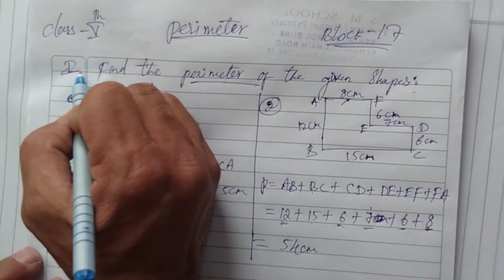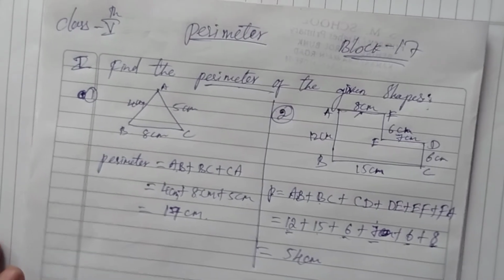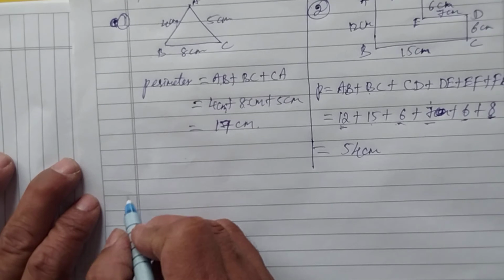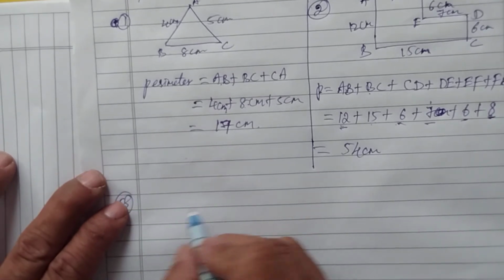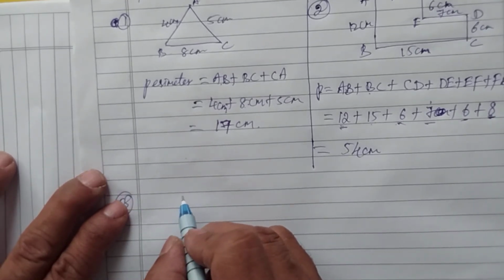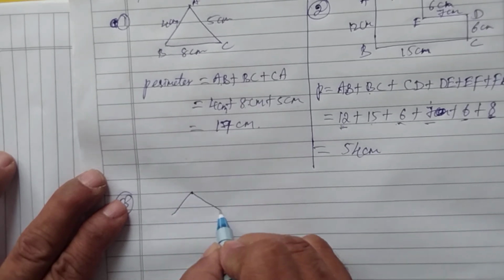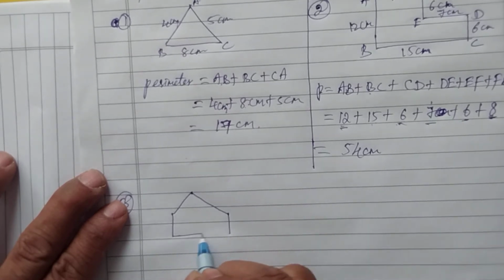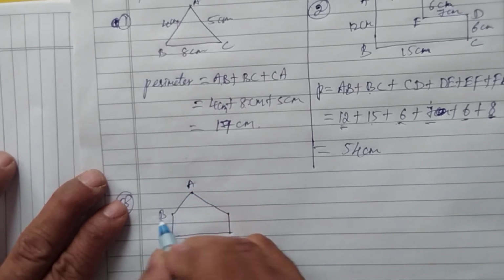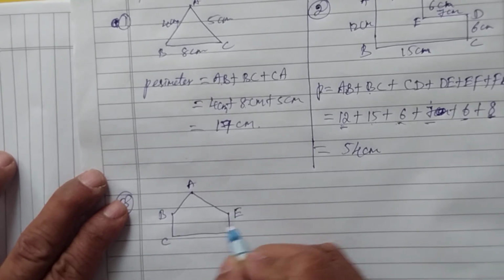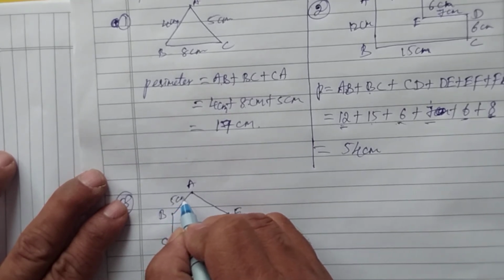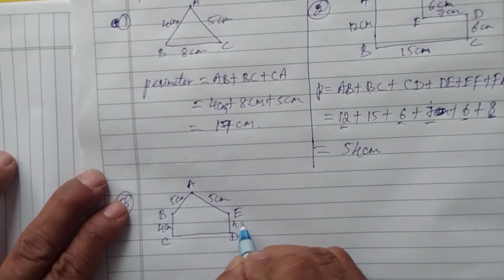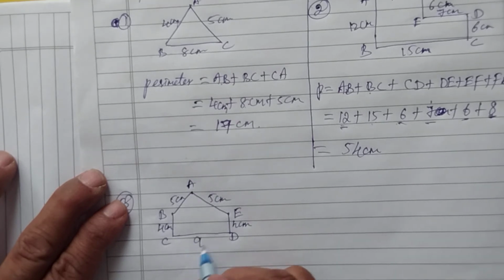The first one, now you can see and you can pause the video and note it down. Third one. A, B, C, D, E: 5 centimeter, 5 centimeter, 4 centimeter, 4 centimeter, 9 centimeter.